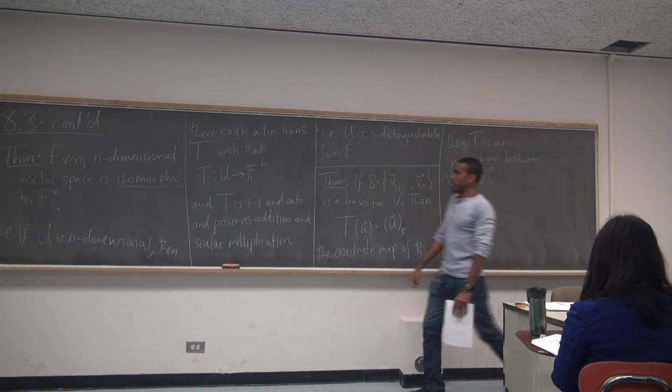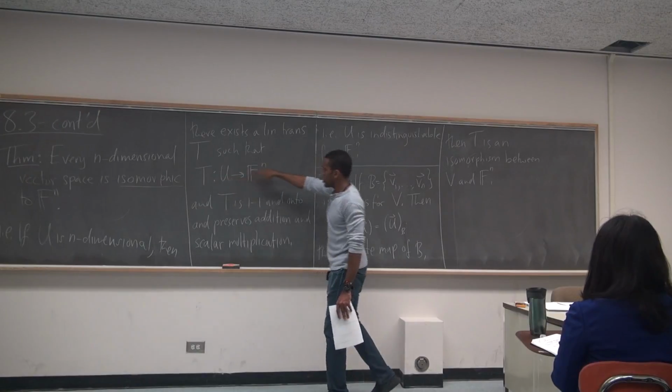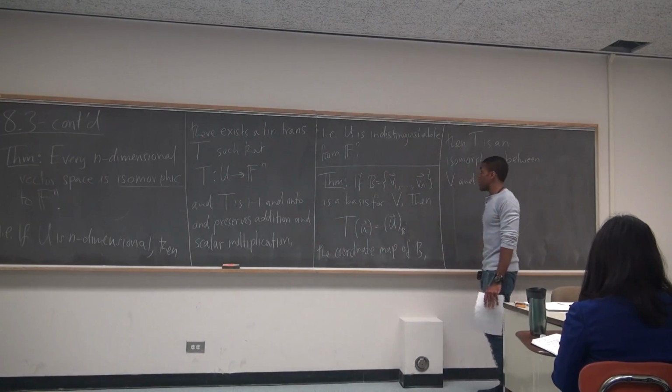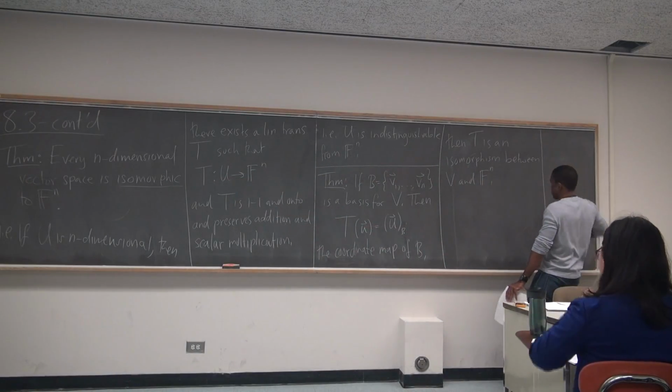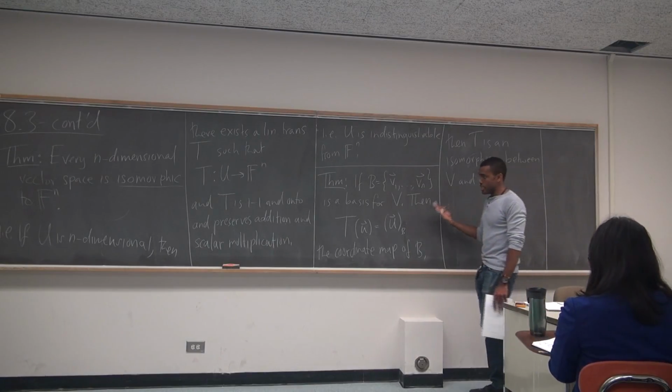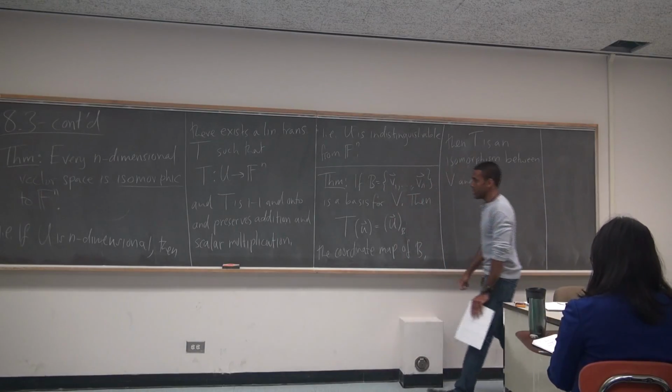So this is one way to connect a random n-dimensional vector space with Fn. Actually send it to the coordinate maps, which we did in 4.6. And again, I'll do an example where we actually go over this again, in case you forget.